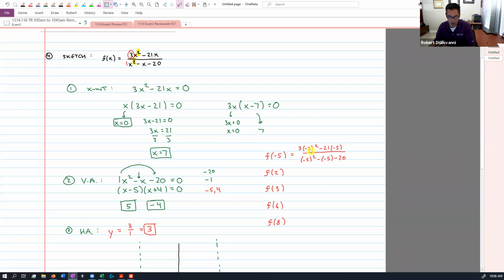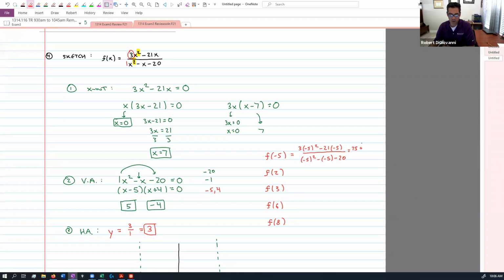If I square -5, I get 25, right? Negative times negative is positive. So I get 25 times 3, that's 75. And then I have -21 times -5. That's a positive number. What is that?